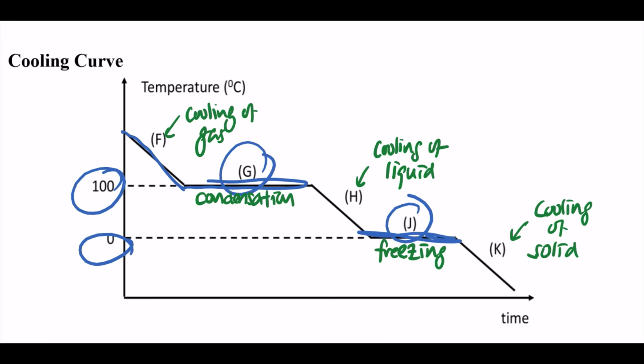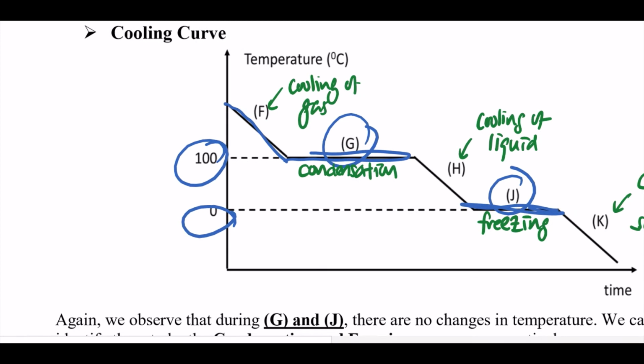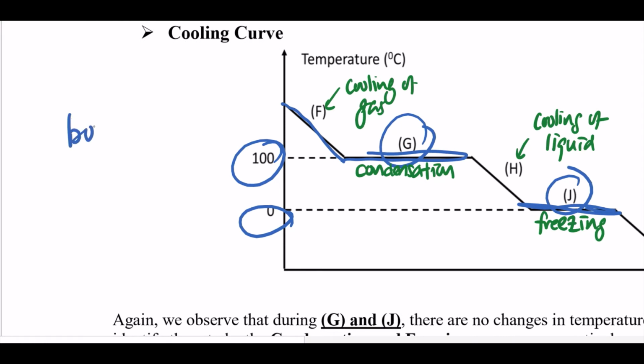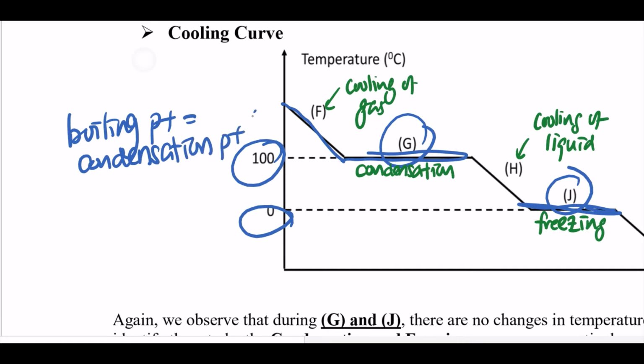By the way, in case you forgot, the boiling point is equal to the condensation point, so you might want to take this down by the side. Boiling point equals condensation point, which for water is 100 degrees Celsius.